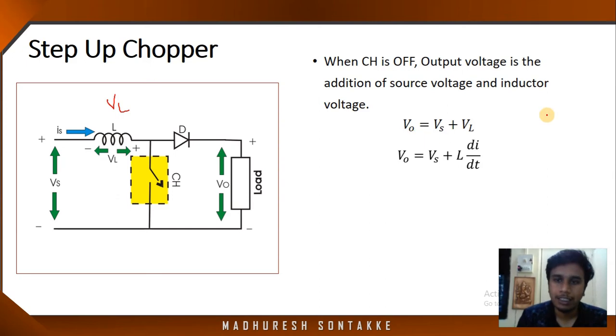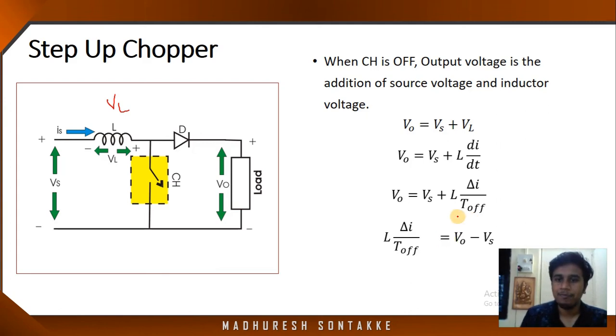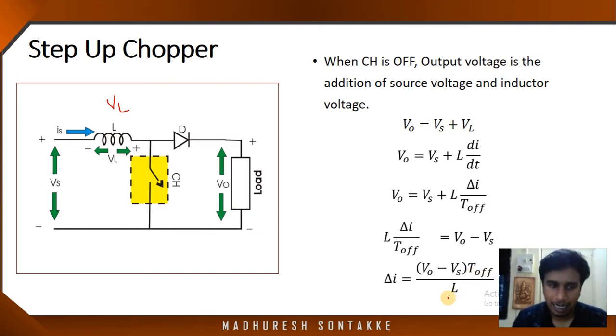Now we all know VL is L di by dt, and here dt is the T off period. So we can write L into delta I divided by T off. And now we can find delta I, which will be equal to V output minus Vs into T off divided by L.